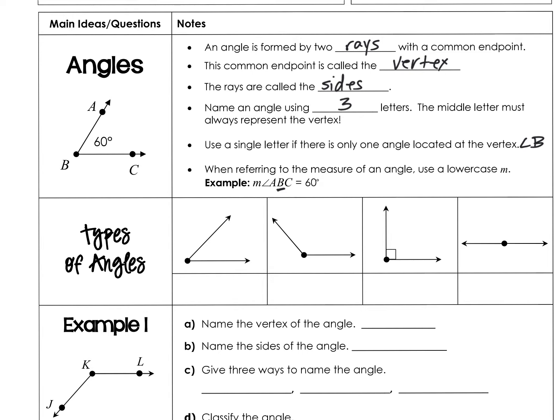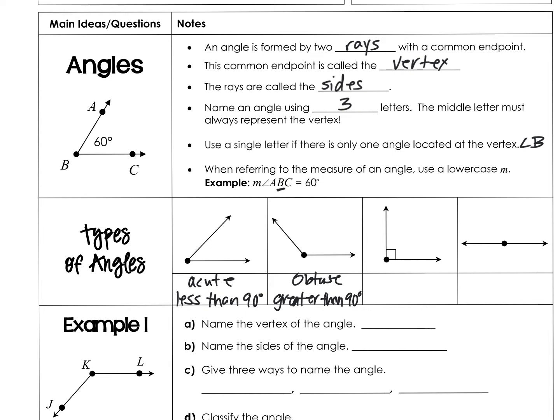All right, so there are 4 types of angles. We have acute here, and acute angles are less than 90 degrees. We have obtuse, and obtuse angles are greater than 90 degrees.